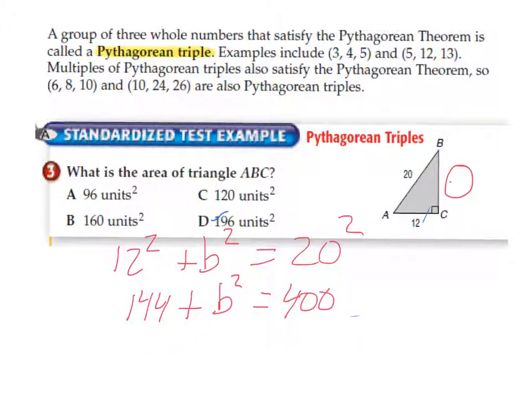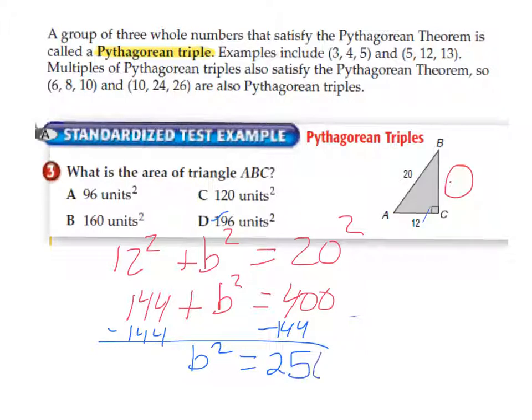So we can go ahead and subtract 144, subtract 144, and you get b to the second is 256. Again, we'll take the square root of that and get b equals 16.